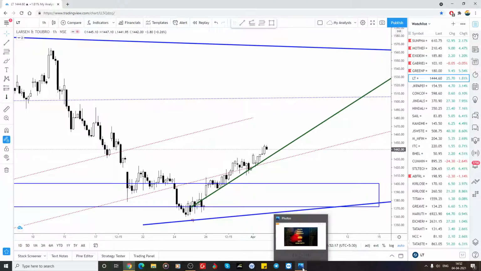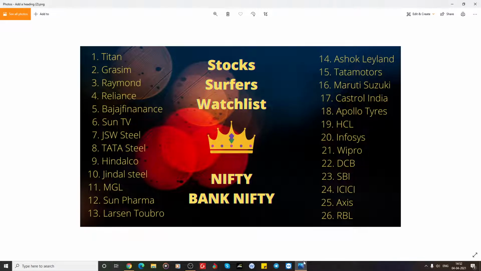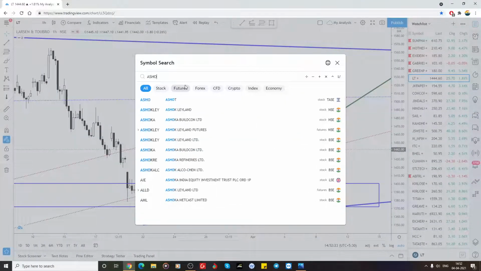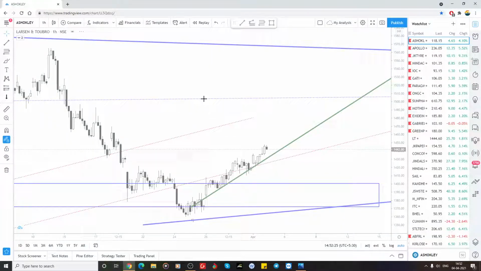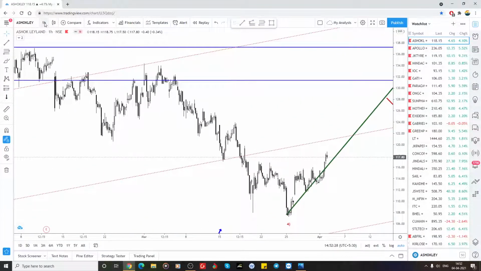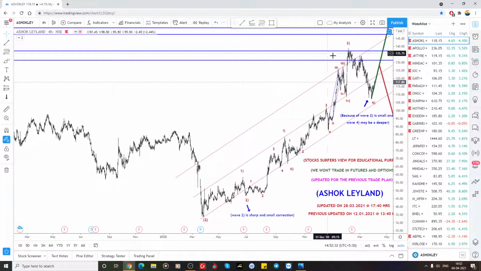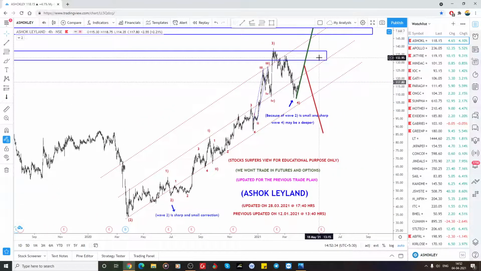And what else is next is, yeah, automobile section. So Ashok Leyland is also the same, 1 2 3, and we are in the fourth wave. So if it did like this, if it breaks this channel and closes above on the daily time frame, so that will be considered as a little bit of correction.